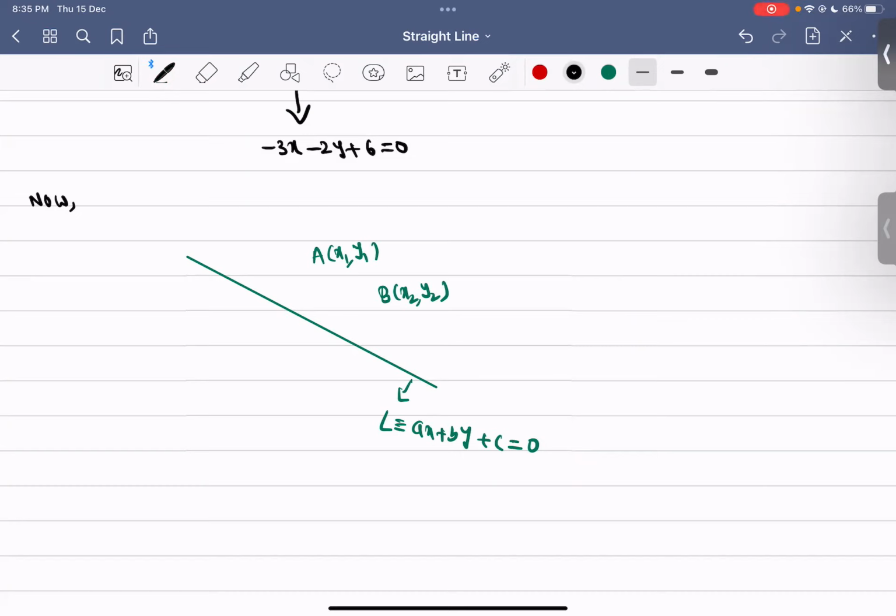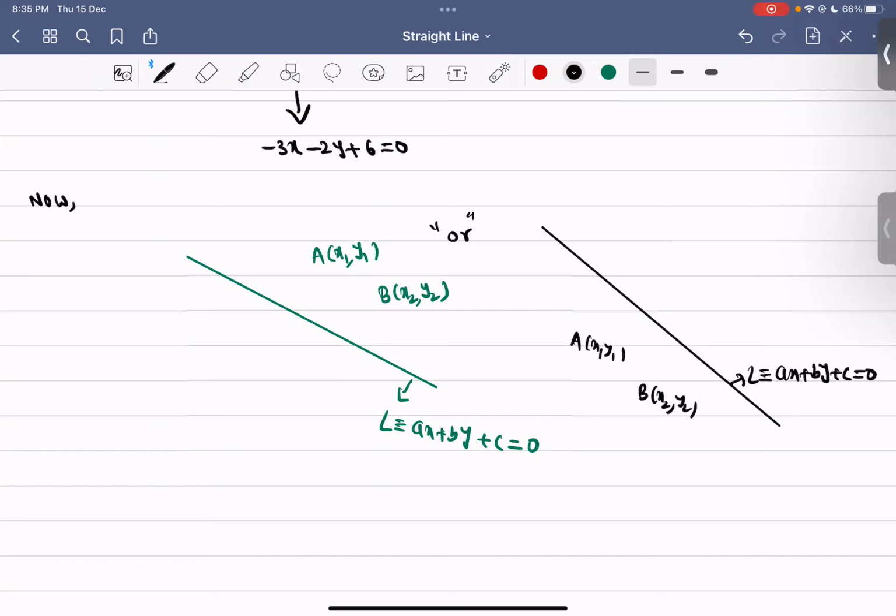Or you can take the diagram like this, either this way, with (x1, y1) and (x2, y2). The line is what? L is ax plus by plus c equal to 0. Right.